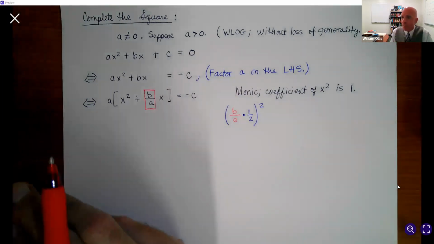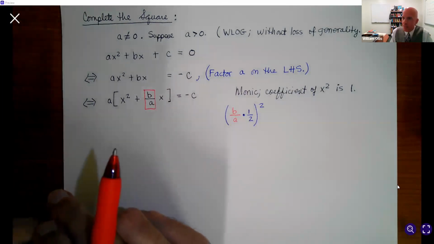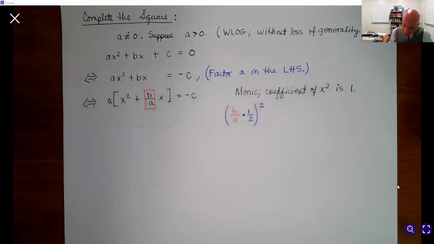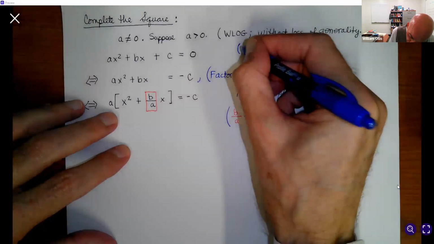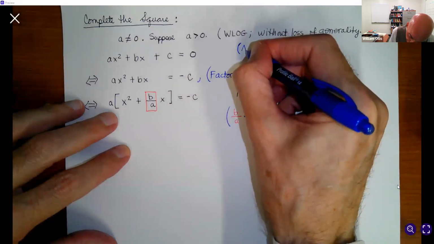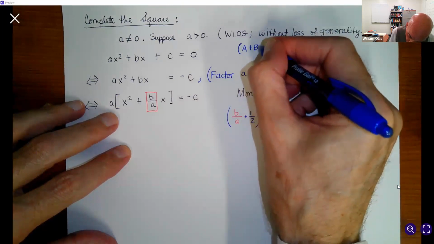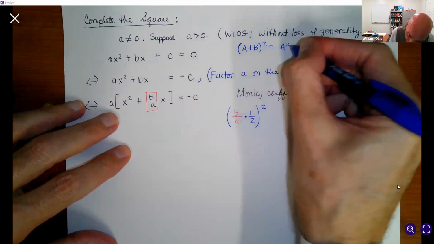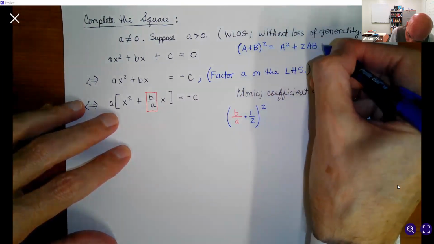So we're thinking of the perfect square formula when we think about doing this. And I'll write that formula down. This is what's driving everything. So I'll use uppercase letters. A plus B quantity squared equals A squared plus 2AB plus B squared.